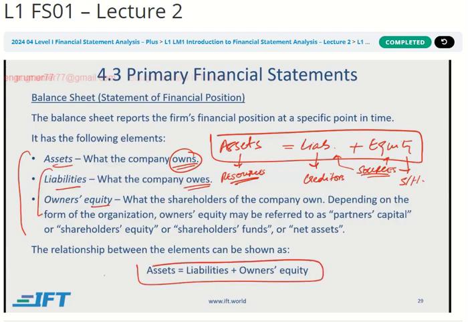And this brings us to the famous accounting equation that assets are equal to liabilities plus owner's equity, and this will always be balanced, right? If you have a profit, your owner's equity will go up and your assets will go up. If you pay dividends, your owner's equity will go down and your assets will go down.